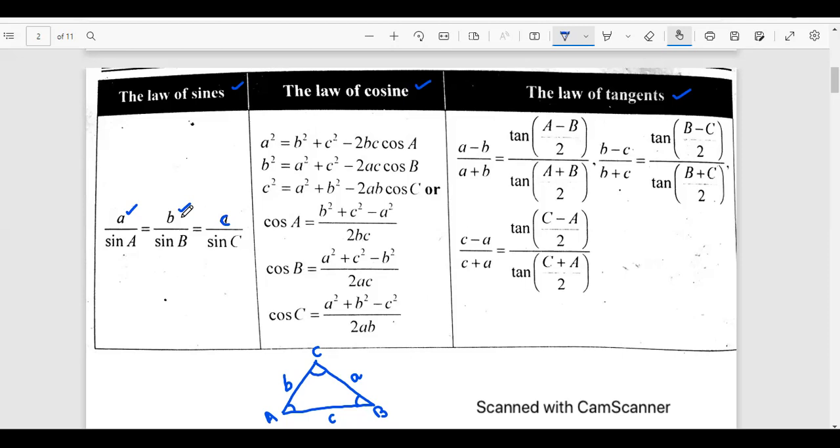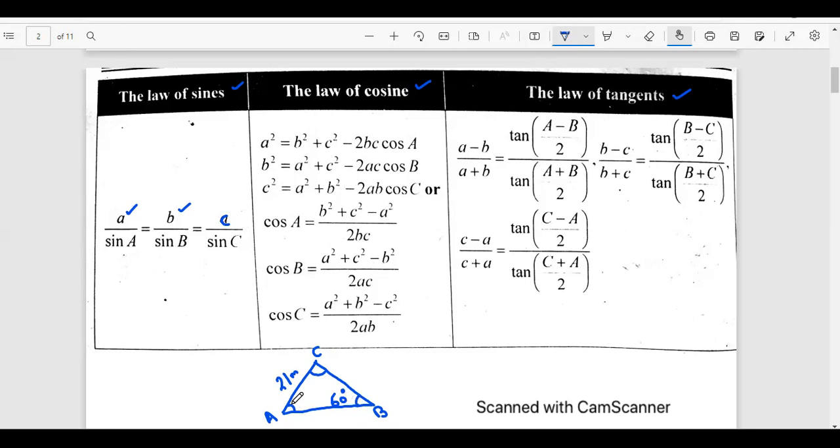Okay. Let's talk about an example here. So let's say this side is 21 meters, for example, and this angle is 60 degrees.